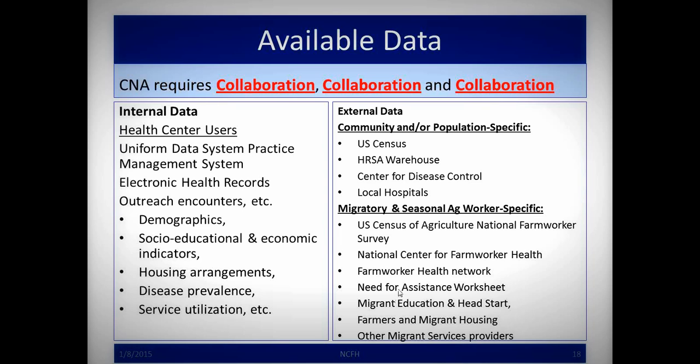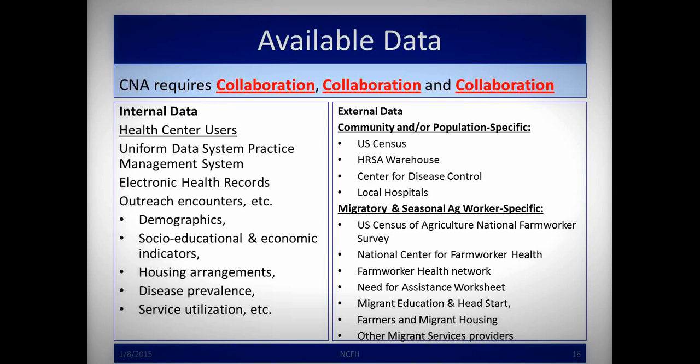So for that, if we are talking about migratory and seasonal workers, you can look, for example, at the USDA census for agriculture or the National Farm Worker Survey, the National Center for Farm Worker Health, the Farm Worker Health Network.